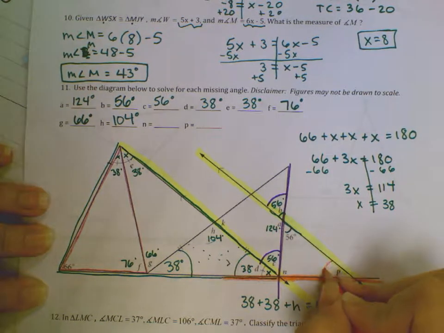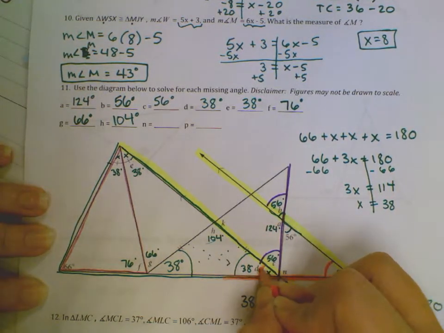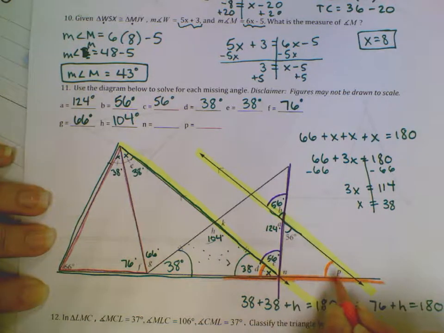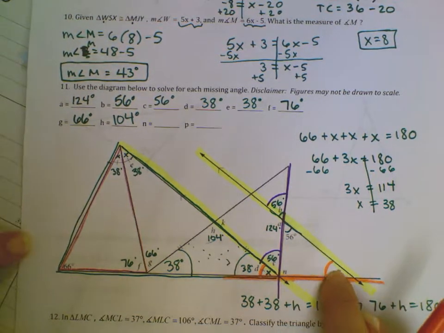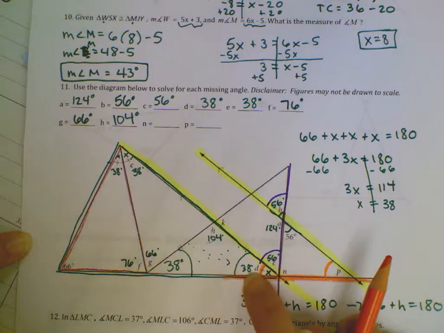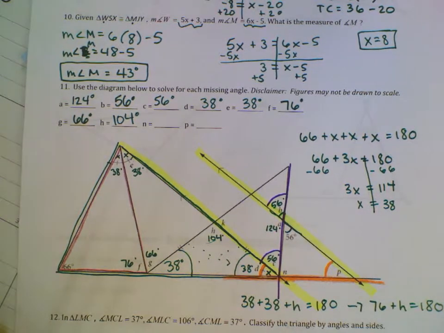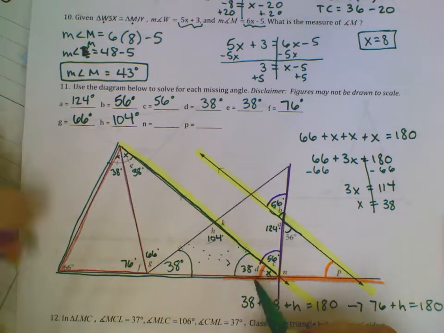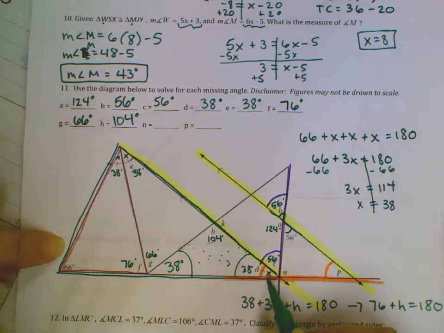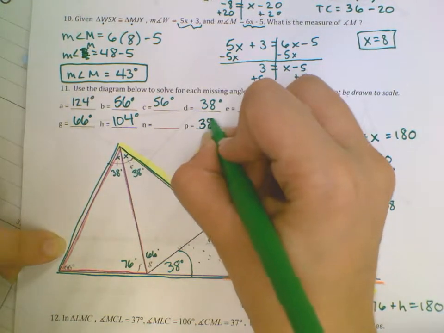So angle P and this angle right here are corresponding angles. They're both in that top left quadrant. So whatever this angle is will be the same as angle P. This angle we found to be 38, so P must be 38 degrees.